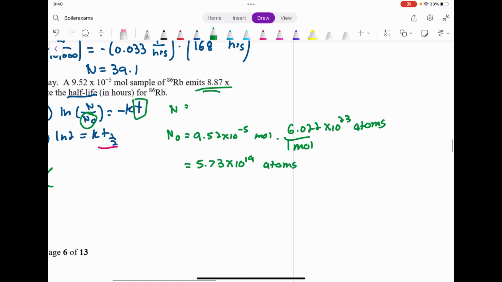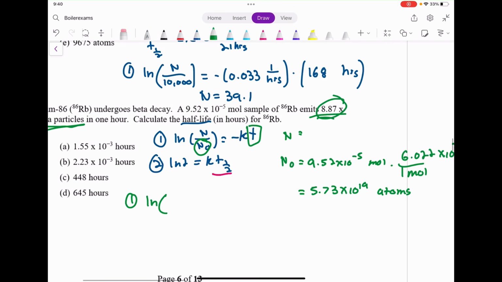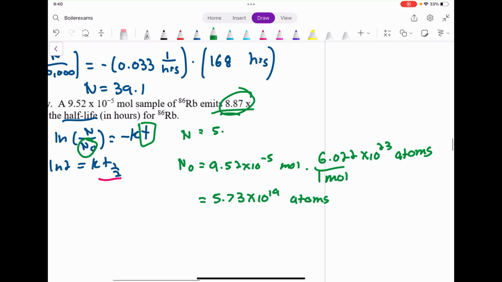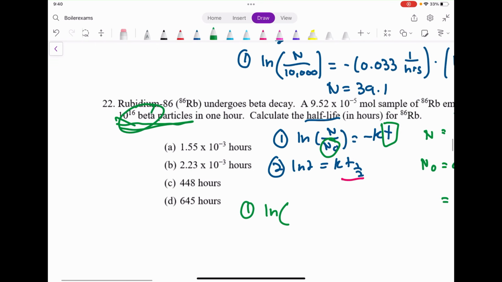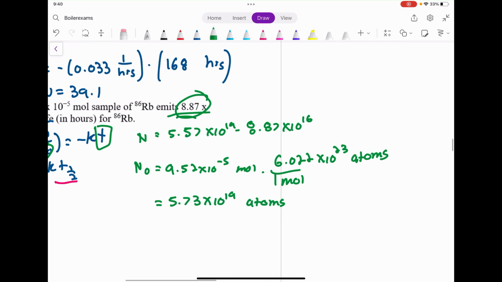And I know the rate at which they're leaving. So after 1 hour, I will have lost this many particles. So I know that my N is going to be equal to 5.73 times 10 to the 19 minus 8.87 times 10 to the 16th, because that's how many particles I'm losing, which equals 5.724 times 10 to the 19th.